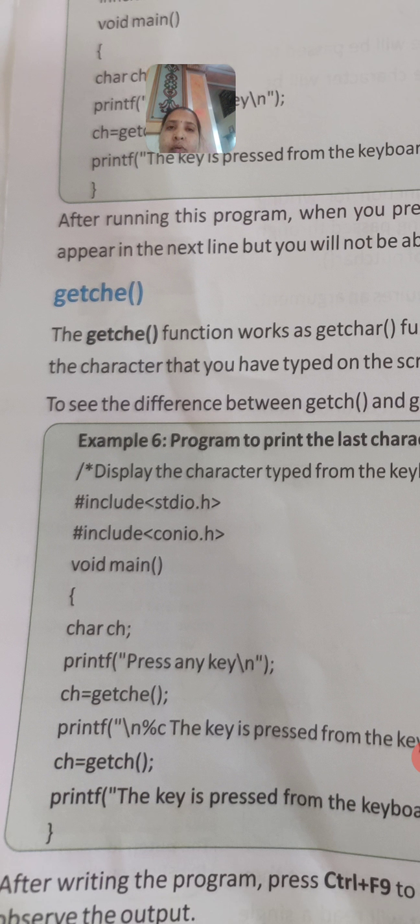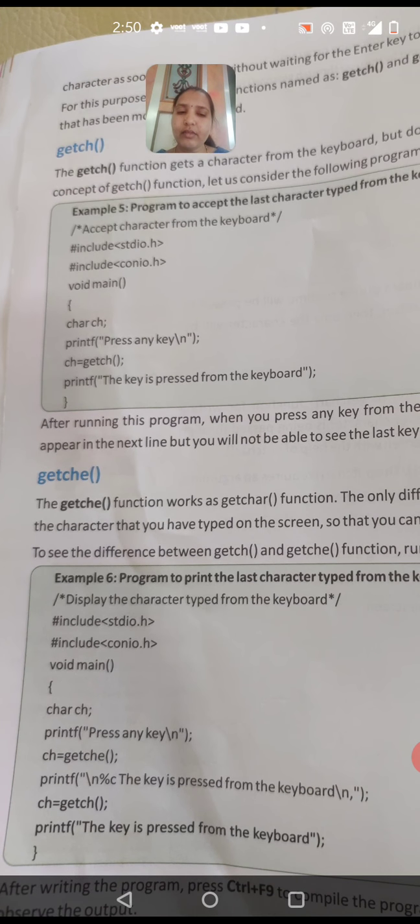One time we assign the value as getche, and another time we assign the value as getch. So for getche, whatever character we enter on the screen, it will print it. Whatever the last character you have entered will be on the screen with the function called getche. Okay, this is how we write a program here for the C program.